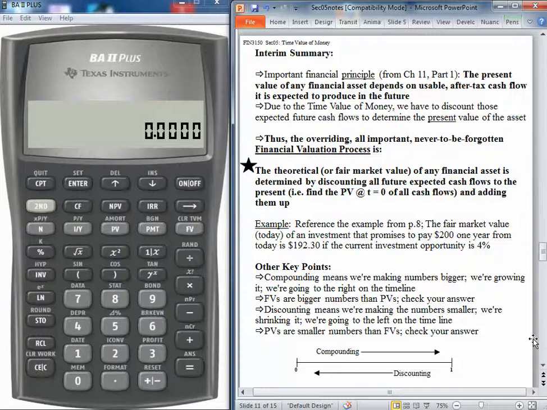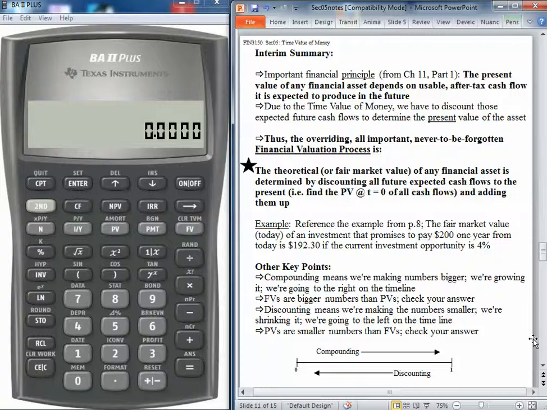Due to time value of money, we have to discount those expected future cash flows to determine the present value of the asset. Thus, the overriding, all-important, never-to-be-forgotten financial process is this valuation process that says the theoretical or fair market value of any financial asset is determined by discounting all future expected cash flows to the present.